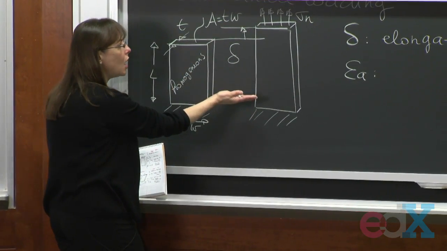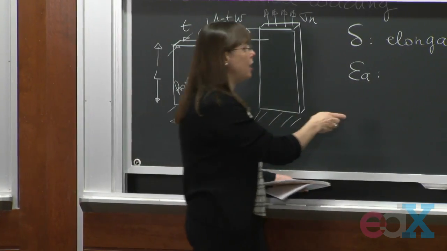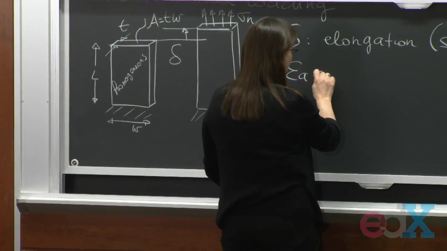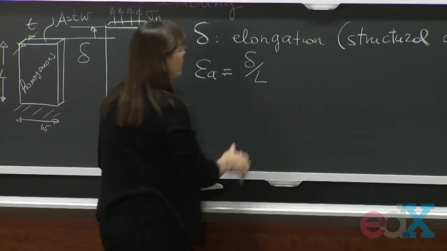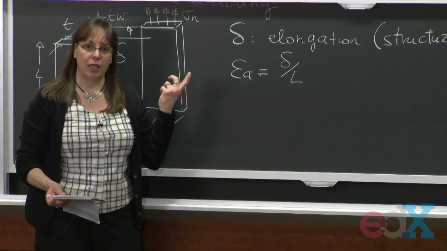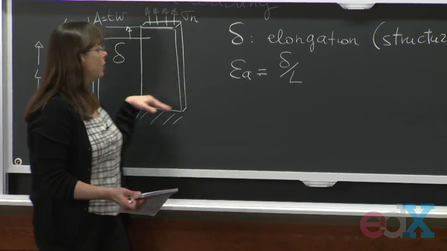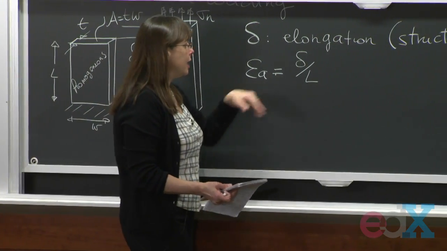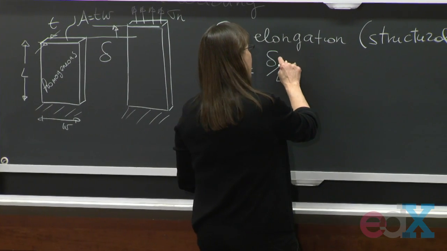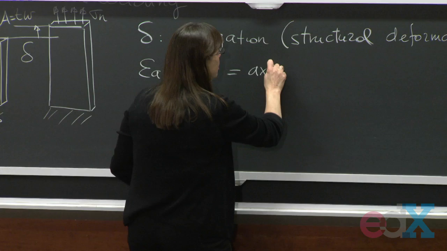So the stress is constant. The cross-section is constant. So in this case, I can obtain the strain directly from the structural elongation, because the strain is the increase in length per unit length. Because the strain is uniform throughout the whole structure, I can simply obtain it as the elongation divided by the original length. And this is our axial strain.